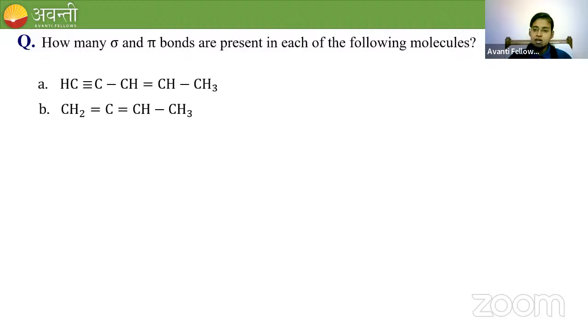Let me take an example, C2H4. In this molecule, all the single bonds are sigma bonds. I have carbon-hydrogen single bonds here, so 1, 2, 3, 4 sigma bonds. And for a double bond, one is sigma and the other one is pi.